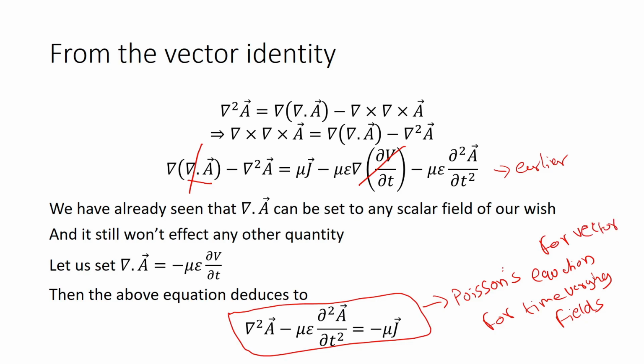You may remember that the Poisson's equation and Maxwell's equation differ in one basic entity: Maxwell's equations are defined for magnetic flux densities and magnetic field intensities, whereas the Poisson's equations are defined for the potentials. They are either defined for the vector magnetic potential or scalar electric potential. So Poisson's equation for vector magnetic potential is that the Laplacian of A bar minus mu epsilon times dou square A by dou T square is equal to minus mu J bar.